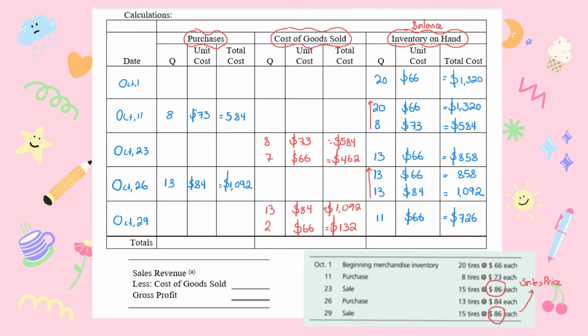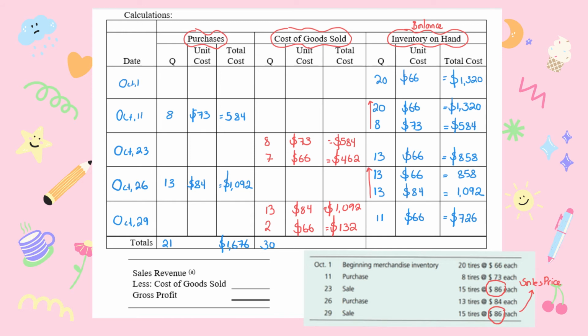Now let's do the totals. 8 plus 13, it's gonna be 21. 584 plus 1092, it's gonna be 1676. I sold 30 units in total. The total cost will be 584 plus 462 plus 1092 plus 132.